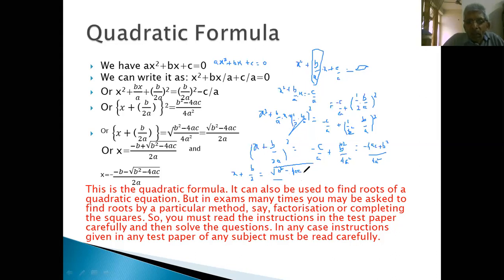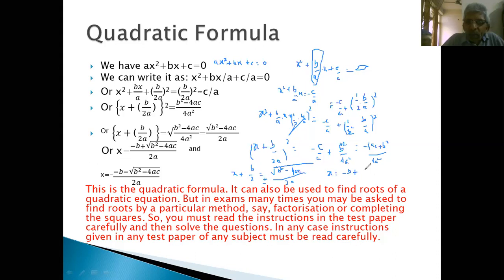Taking under root of that we get 2a. So here we get x is equal to, b by 2a will go on the right hand side, we get minus b by 2a, and this we get as plus minus because we have taken under root.